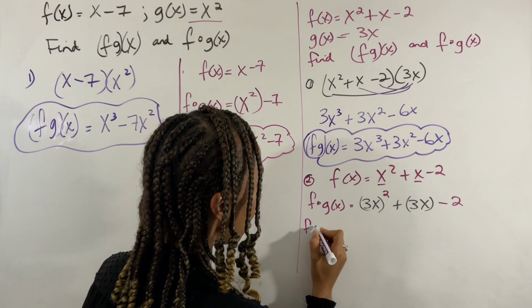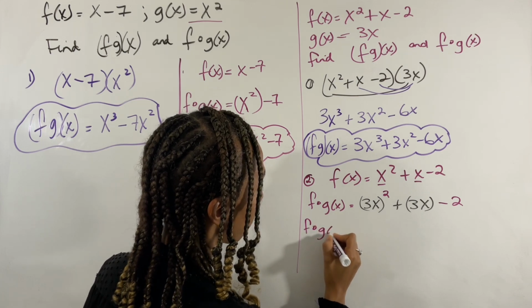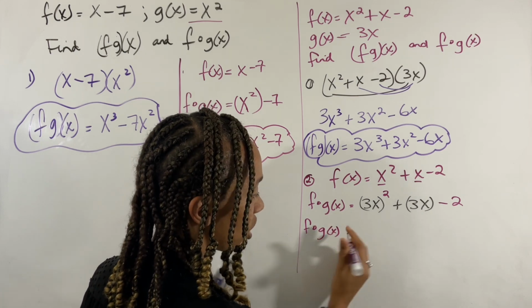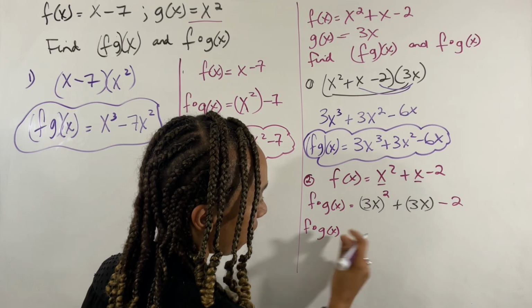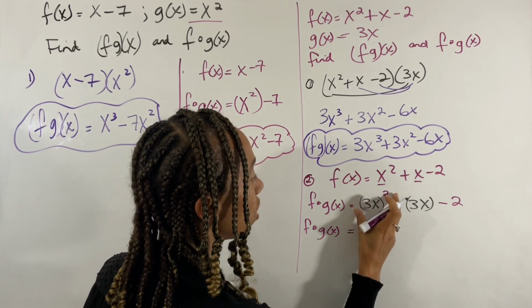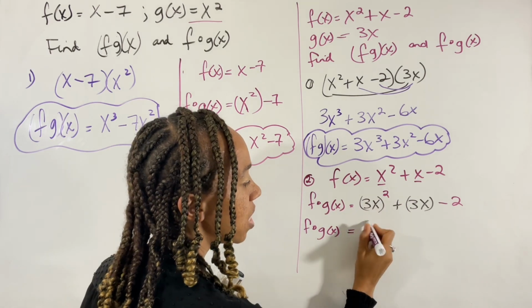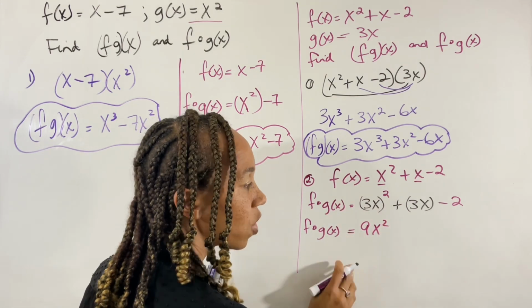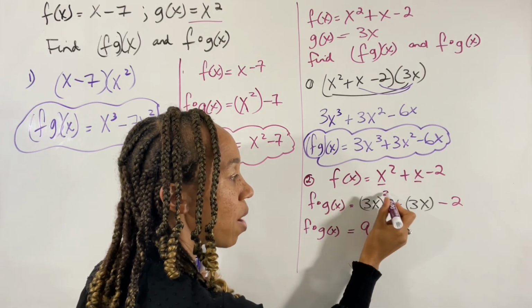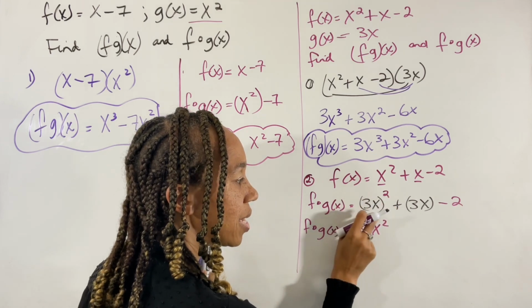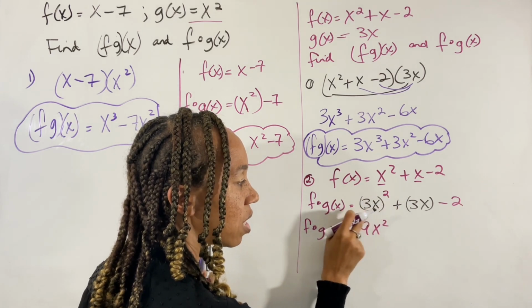So f of g, meaning f composition of g of x, is equal to, you're going to square this. So this is going to give you 9x squared, because with the squaring, you can square each component that makes up this monomial.